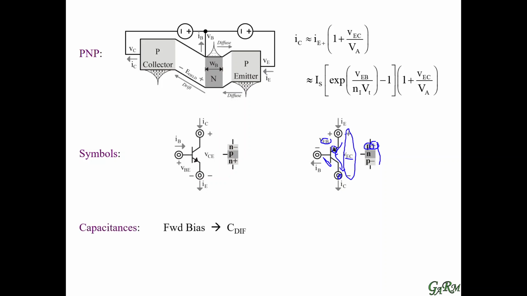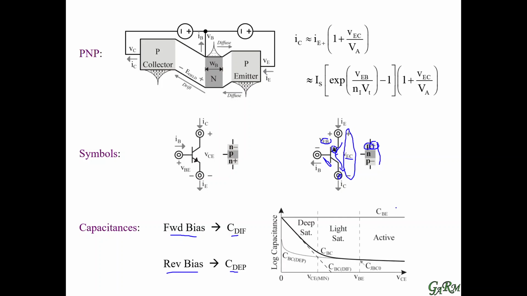Now the last thing that we can talk about here is capacitances. Whenever we have a forward bias, we have diffusion capacitance from the diode. And whenever we have a reverse bias, the depletion capacitance is the one that dominates. So if we forward bias the base emitter junction here, we'll get that the base emitter junction capacitance is a diffusion capacitance which is very high.